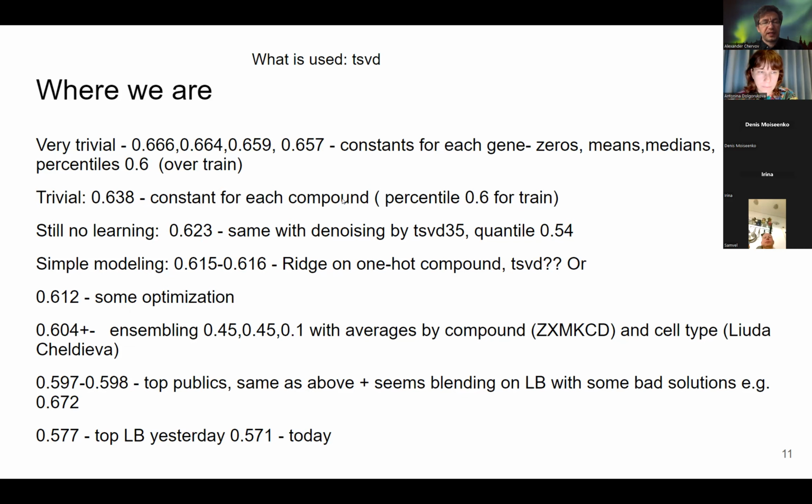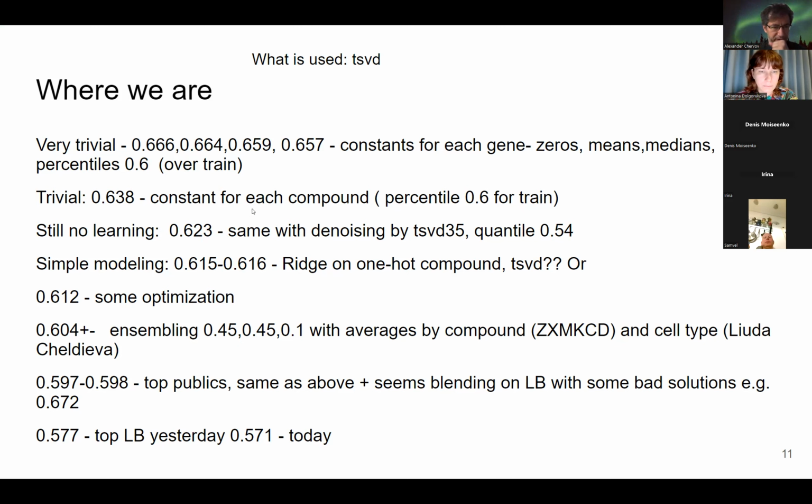That means you take the train set, fix the compound, and calculate, for example, the median or mean or some percentile of all the target values for this compound. That means you average over all the cell types. If you make a submission with this, you'll get this kind of score, which is a little bit better.